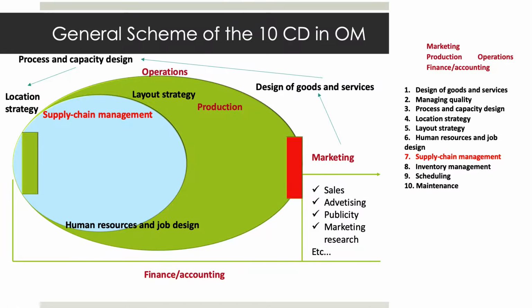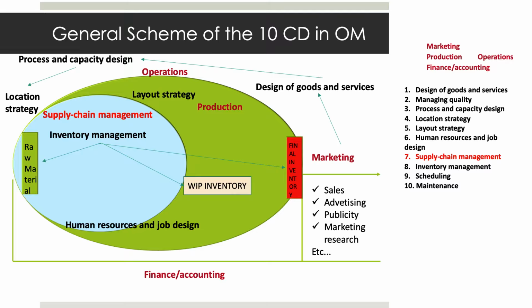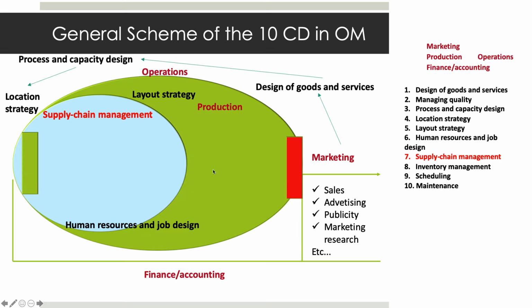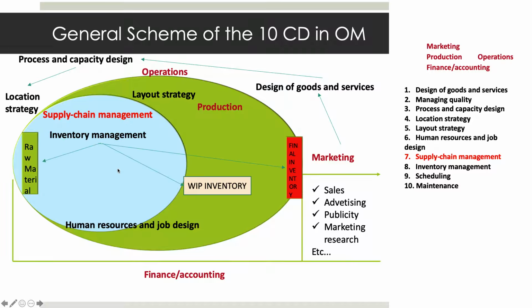Okay, then we have inventory management. We have three kinds of inventories. In this process, imagine that this is when we start with the raw material, and then we have the work in process inventory, and then we have the final inventory. The final inventory is the final goods that we will sell on the market. All right. After that, we have the scheduling.